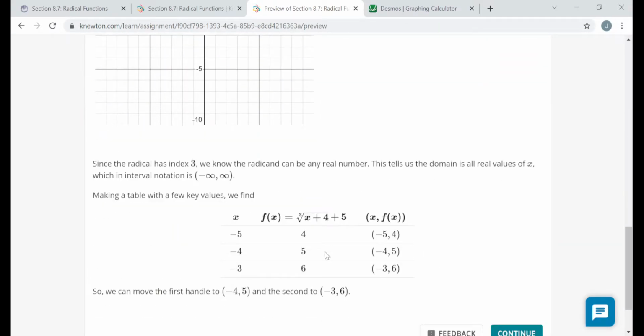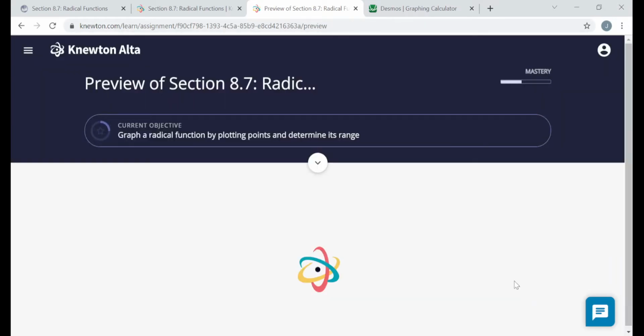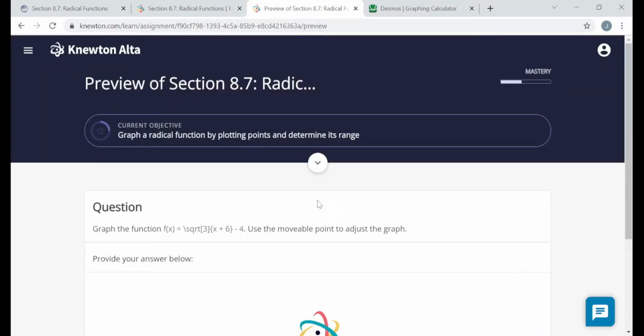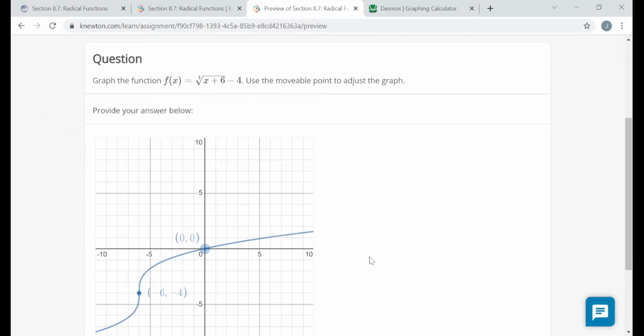Yeah, and again, they make a little chart here, but it's just like graphing any other function. All right, next question, same objective. Another cube root.